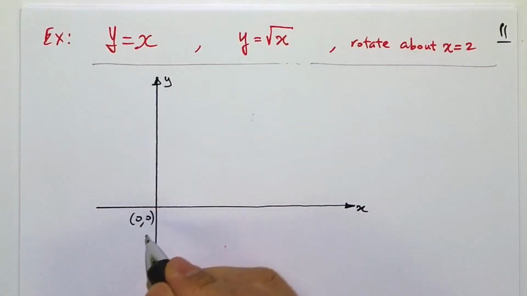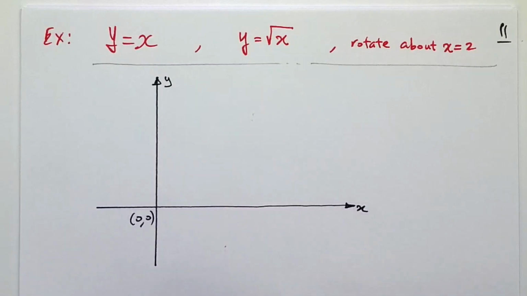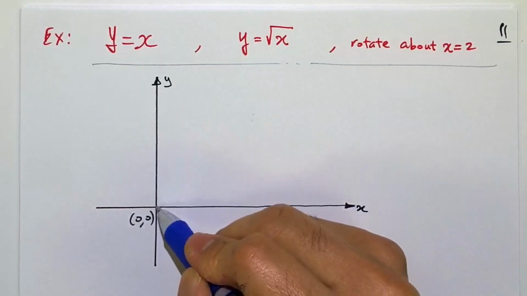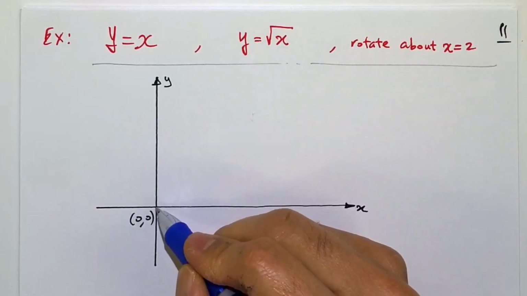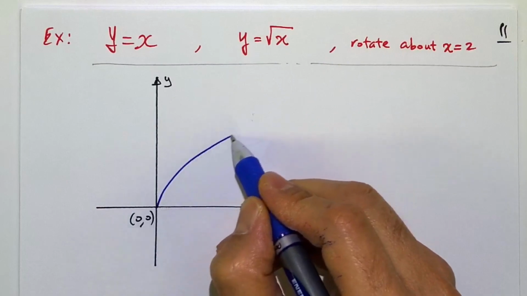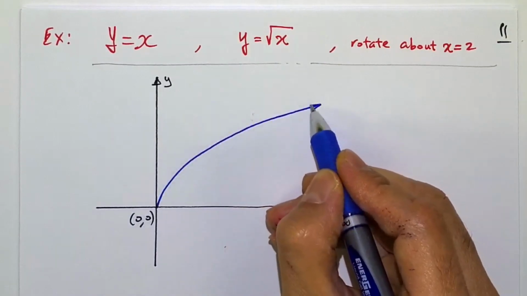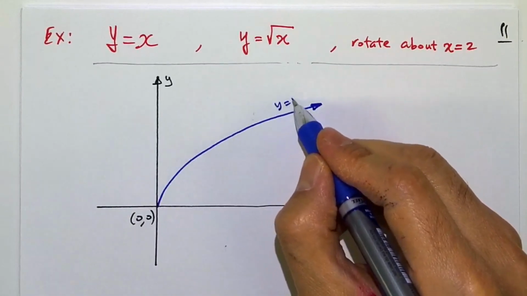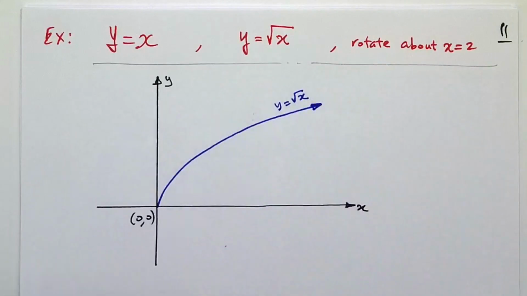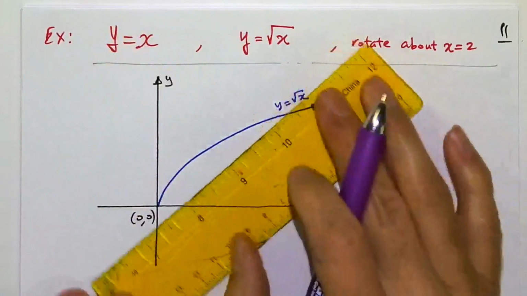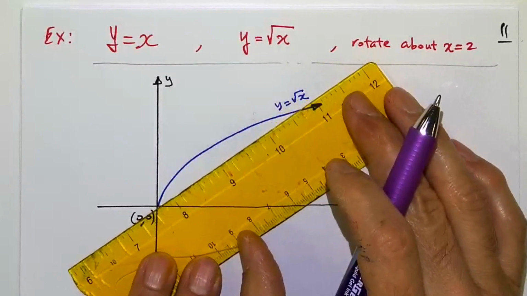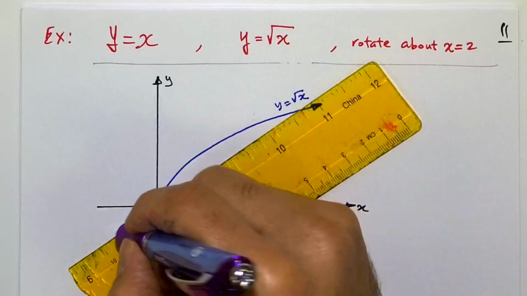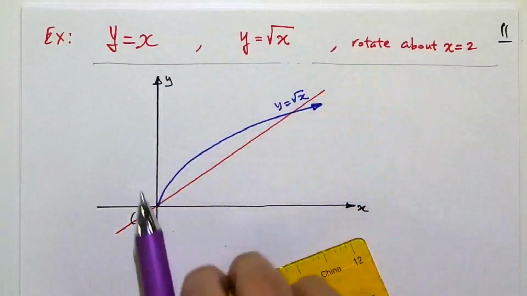We have 0, 0 here, and then this curve would look like this. And then, so this is y equals square root of x. And then, of course, the y equals x would be dissecting the first quadrant, like that.